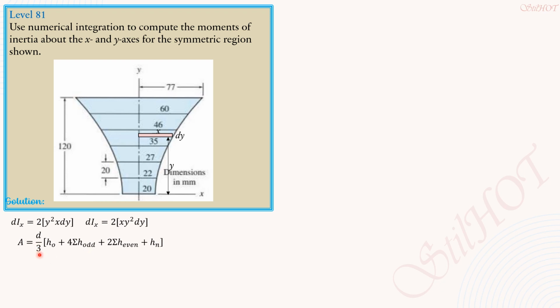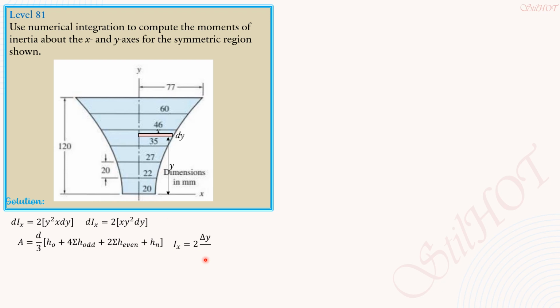Then there is that 3 there in the formula. Ho is this quantity here, x y square, where x is 20 and yo is 0 because this is the x-axis, so there's no distance. Yo is 0 here. Then this is 0, this is 1.